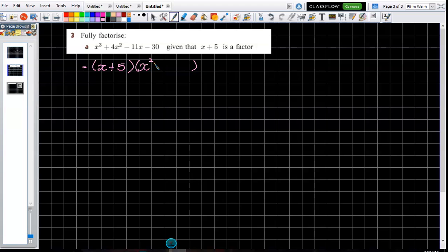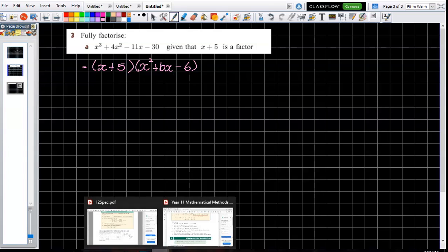Can you tell me what c would have to be here? 5 times what gives me minus 30? Negative 6. Do we know what the middle term is? How do you know it's negative 11? I'm afraid to say you don't know what it is. So that's when we call it bx.